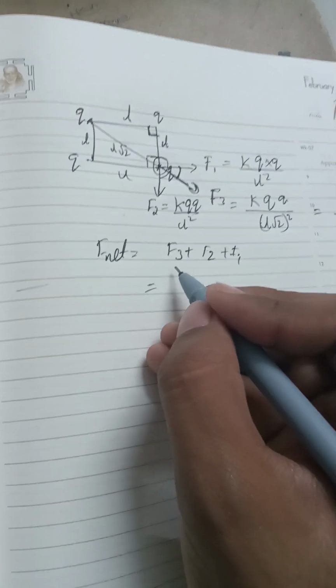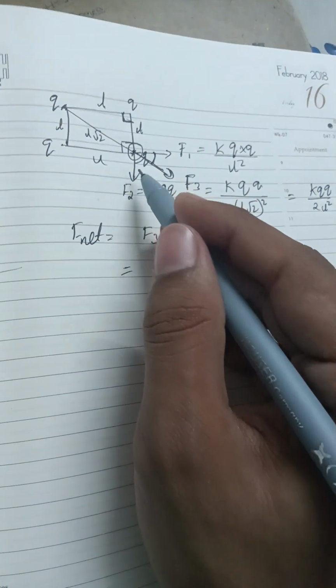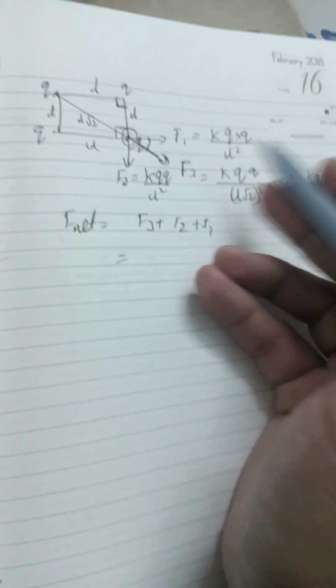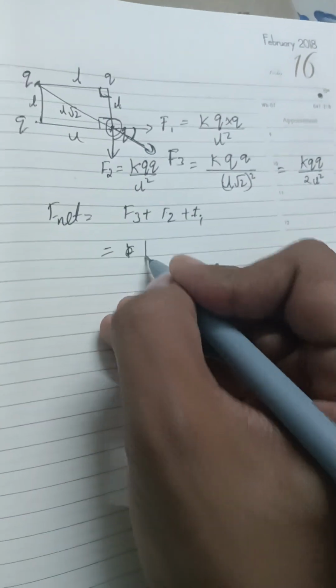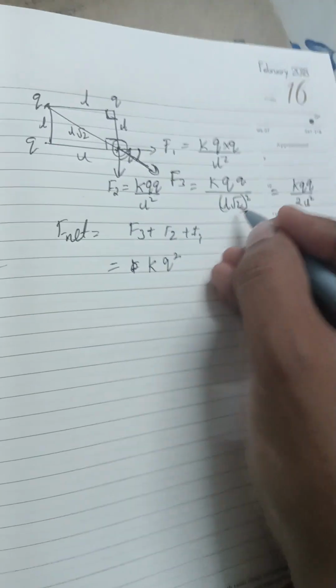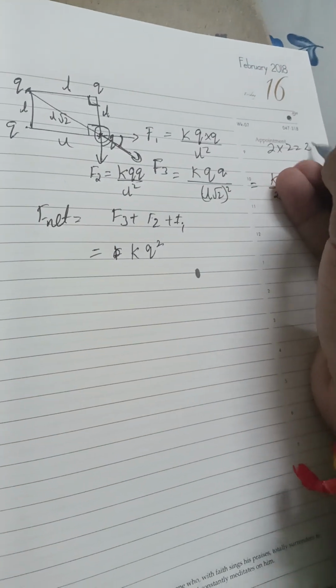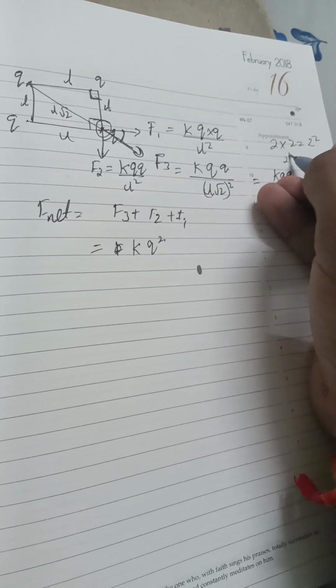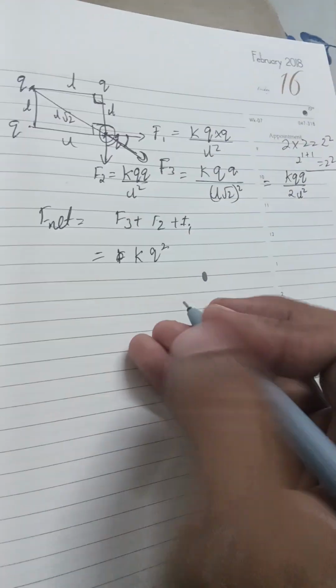F3 is exactly what we have to write because F3 is on the line. F3 is correct, it is on the correct line. So F3 is K Q square, Q into Q is Q square, like 2 into 2 is 2 square. If you don't know this, I'll say this too.